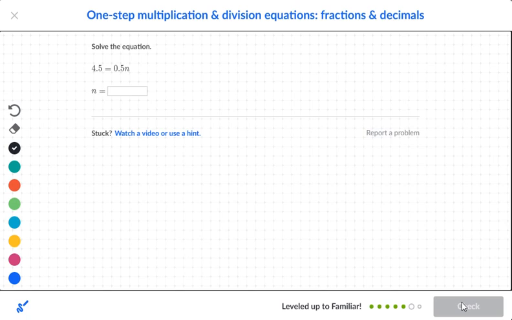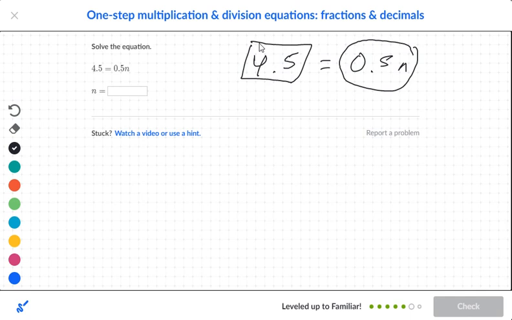Okay, next one. We got 4.5 is equal to 0.5n. So this is my letter and this is my number. So we got the 0.5, so we're going to divide by 0.5. Actually, we're not going to divide by the n. The letter stays.